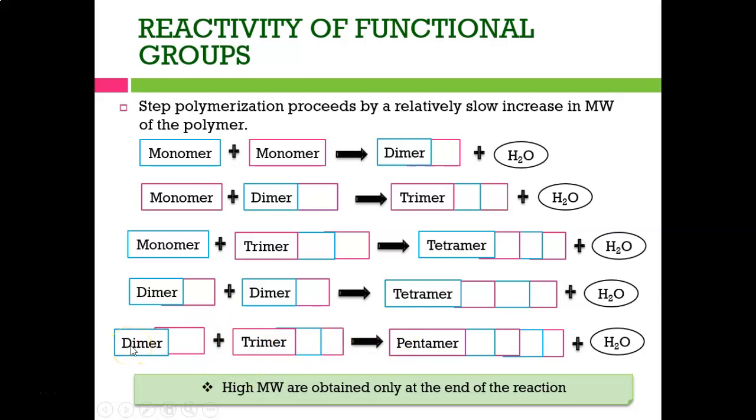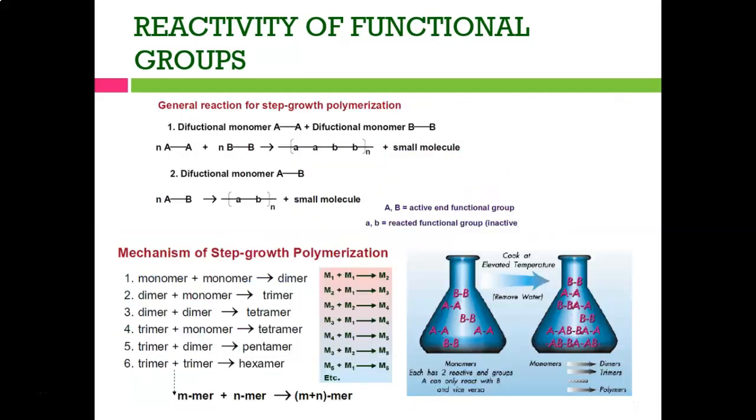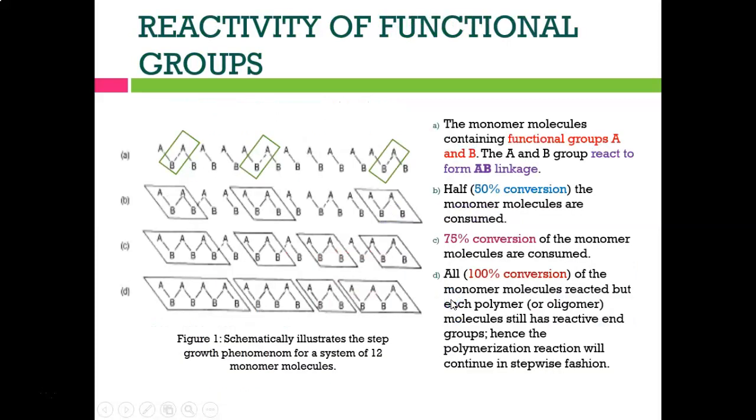Di means 2, tri means 3. High molecular weight is obtained only at the end of the reaction. So don't forget the presence of byproduct. Only the preparation of polyurethane does not produce water, HCl, or OH. This is the same slide. I will explain in the next part.